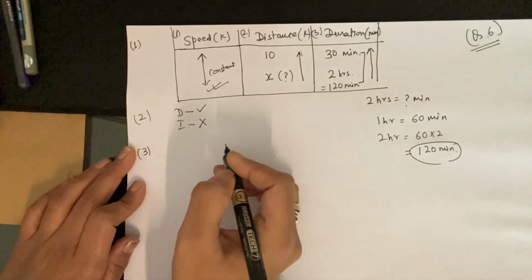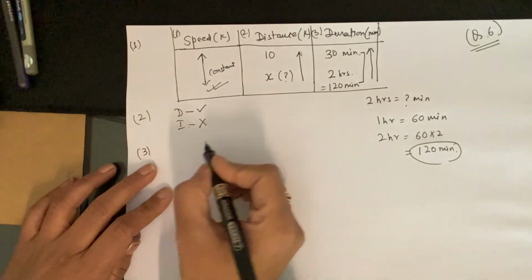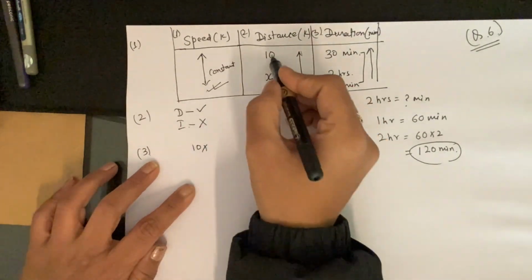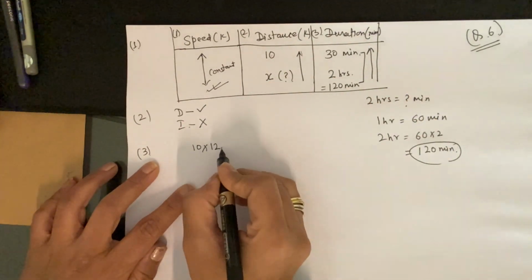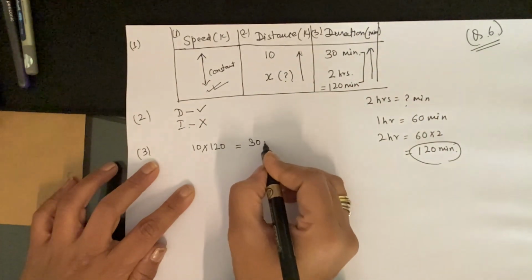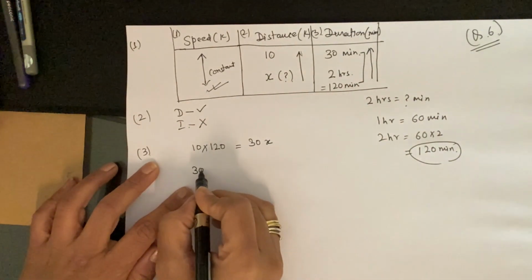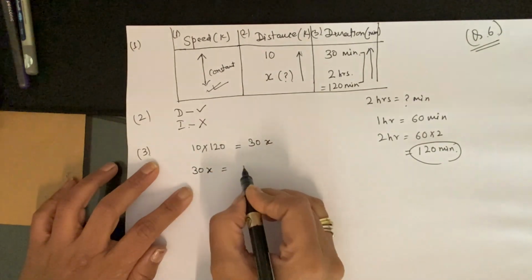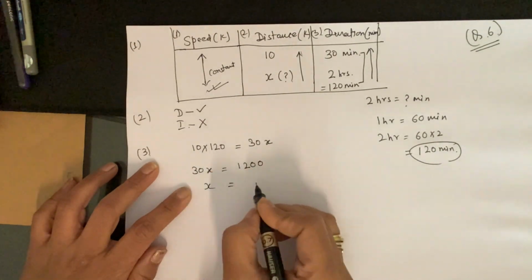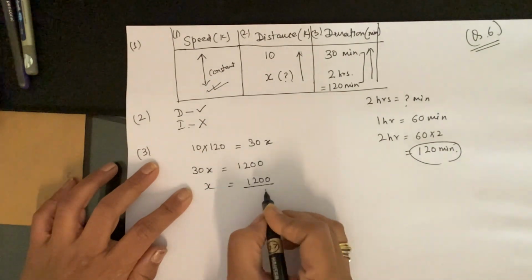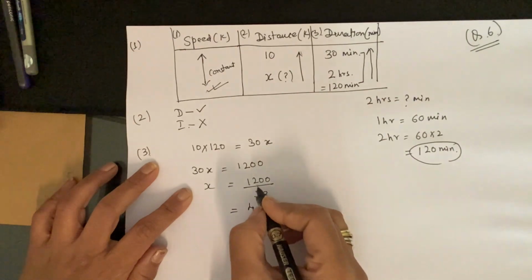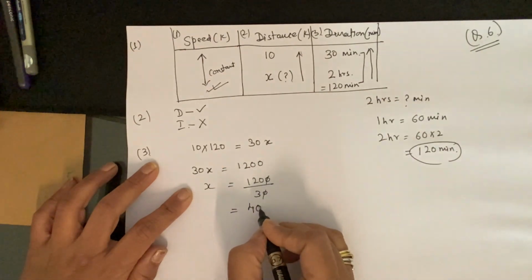Third step, we will apply the method here. We'll do a cross multiplication: 10 multiplied by 120 will be equal to 30 multiplied by x. So we'll bring 30x here, 10 multiplied by 120 will be 1200, and then x will be 1200 divided by 30, that is 3 4s are 12 and 40.